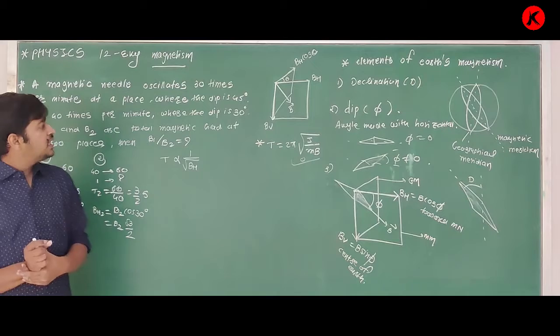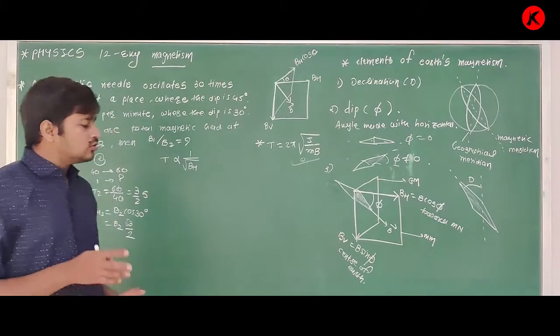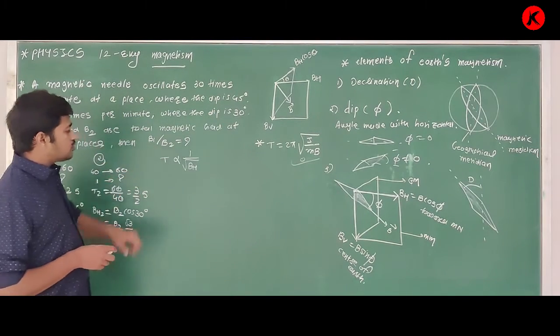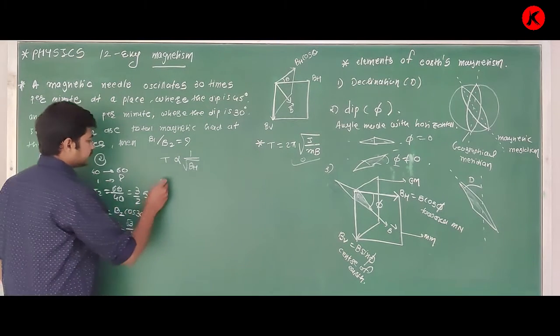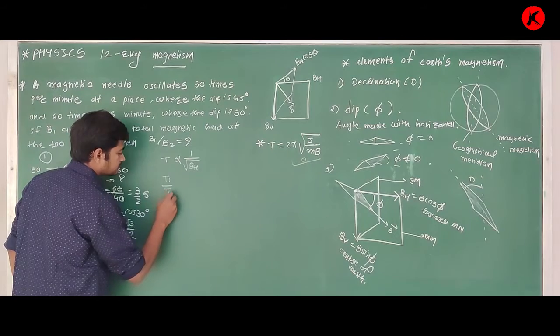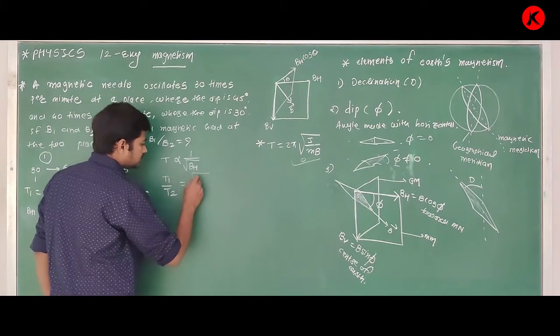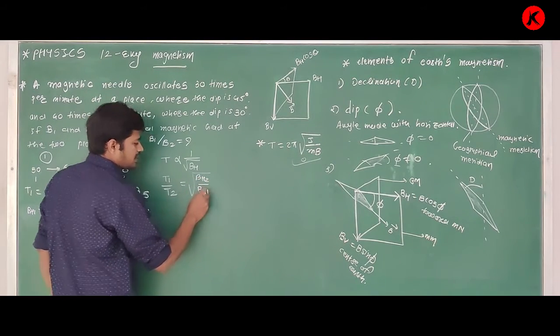Whenever the needle is suspended freely, it will oscillate due to the horizontal component of Earth's magnetic field. So T is proportional to 1 upon under root BH. I can say T1 upon T2 is equal to under root BH2 upon BH1.